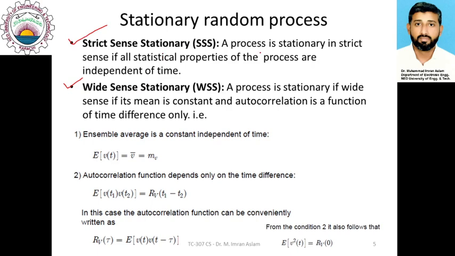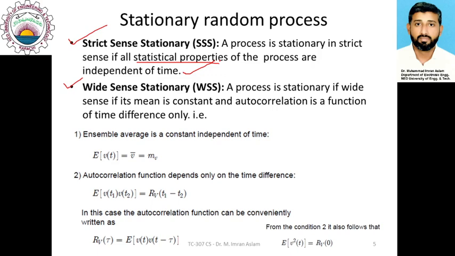A process is said to be strict sense stationary if all statistical properties of the process are independent of time. So no matter what statistical parameter you calculate, the parameter comes out to be independent of time. In that case we say that the random process is strict sense stationary, or SSS.